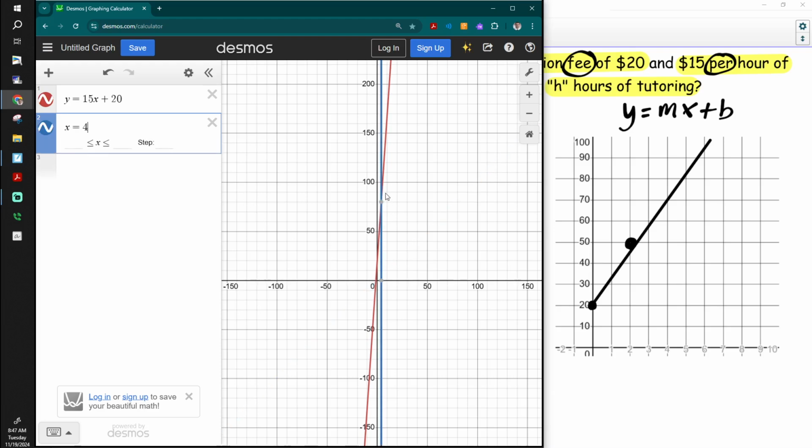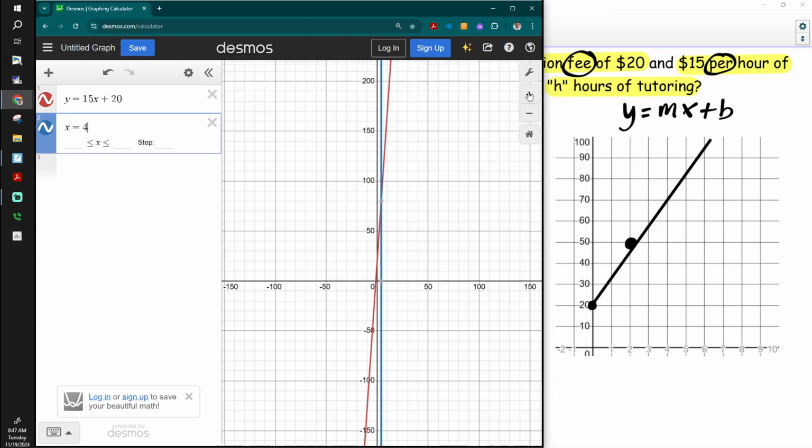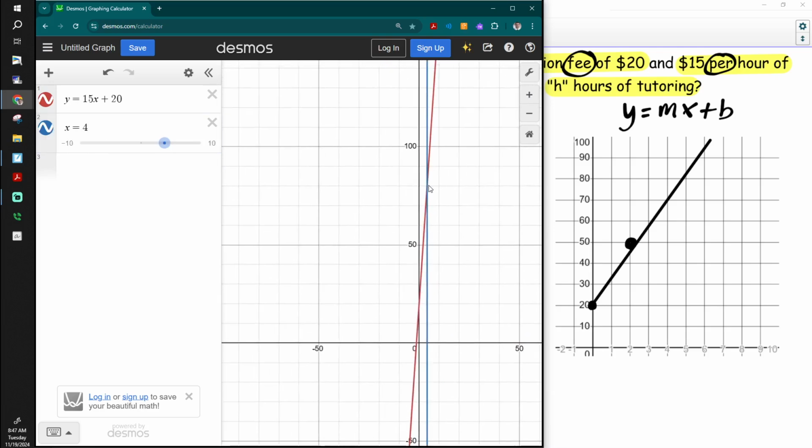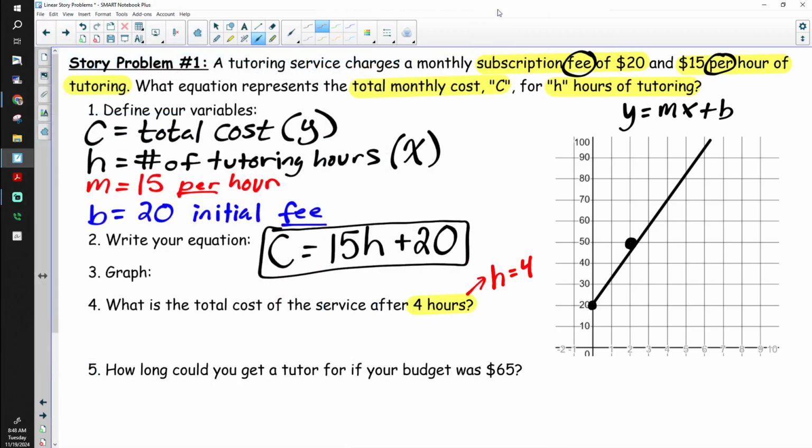You're going to get a line, and I can see that right here, my blue and red line cross, and I can click on that. So after 4 hours of tutoring, how much is it going to cost? $80. And again, if you did 15 times 4 plus 20, you would also get $80.